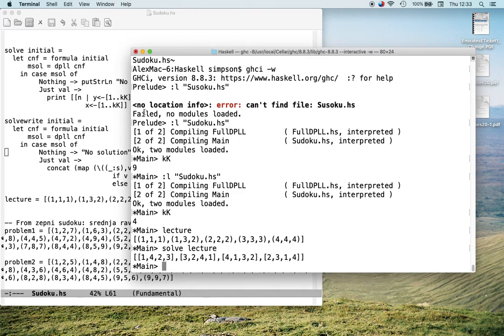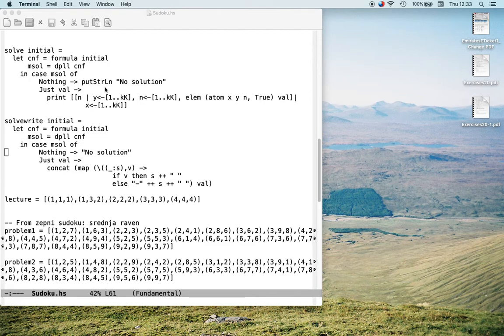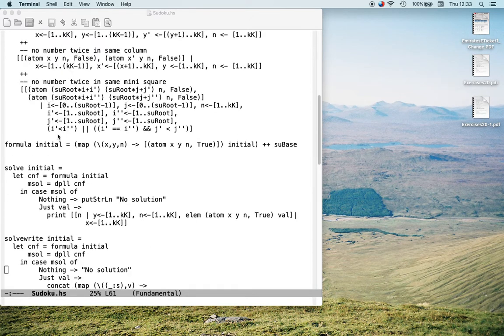What's more interesting is to look at the work that's being done behind the scenes here. So when I ask to solve, initial was a list of triples, where these triples are giving the values that are given to us before we solve the problem.